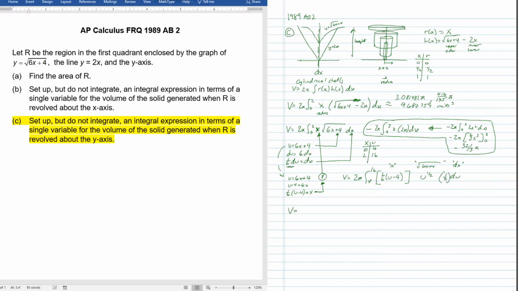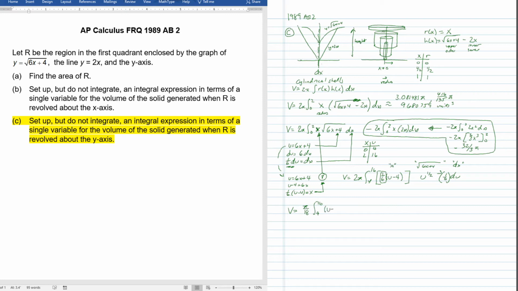Sorry, I forgot about that right there. So, if I'm going to do this, then I'm going to move all my pieces here, 1/6 and this 1/6 in the front, and I'm going to come up with pi over 18, because 2 pi times 1/6 times 1/6 is pi over 18. I'm going to write 4 to 16 as my limits.